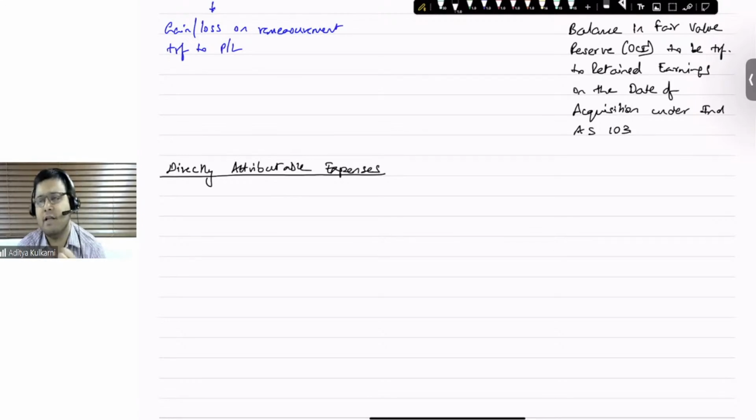For example, stamp duty will be paid if you are transferring immovable property. If you are transferring movable property, some kind of tax is going to be paid to the government. Some kind of charges and some processing fees will be paid. So all these items are for changing the name, changing the ownership from the selling company to the purchasing company.